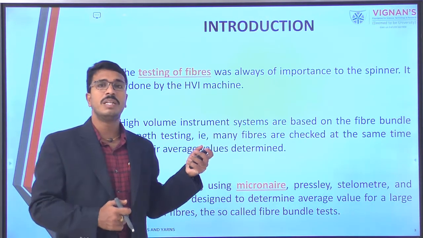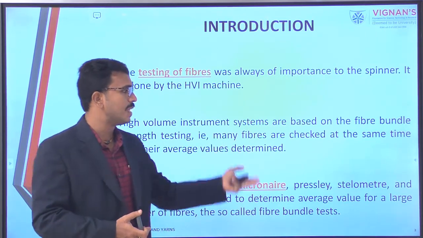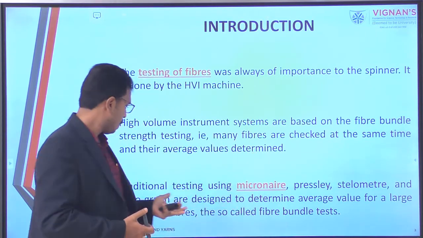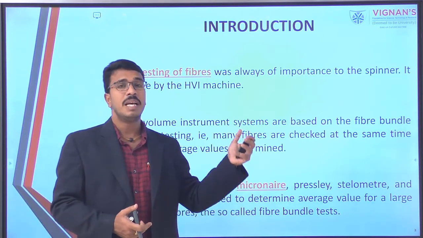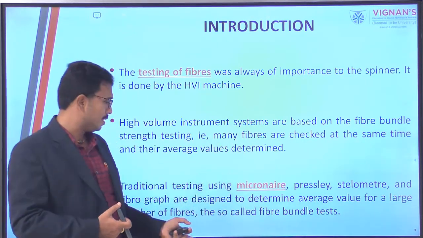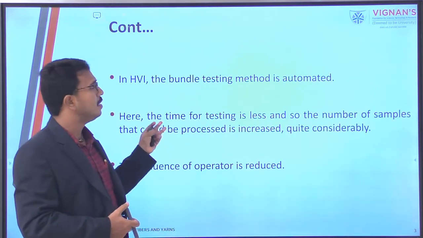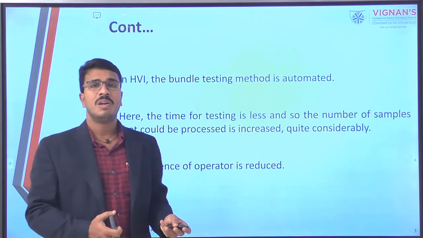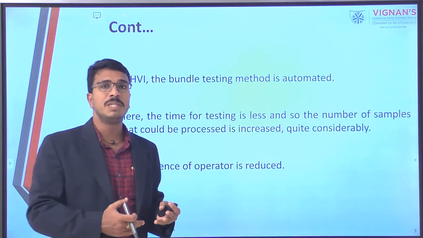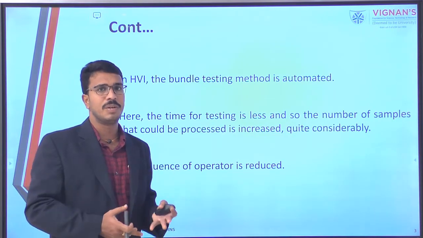The traditional ways of testing, like Micronaire testing, Presley's stelometer and the fibrograph, are designed to determine the average value of a bundle of fibers. But they are not that fast, and we cannot get that much accuracy.